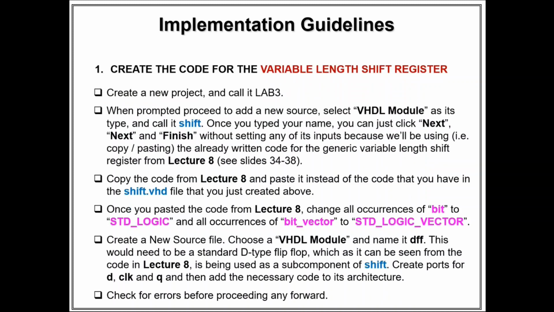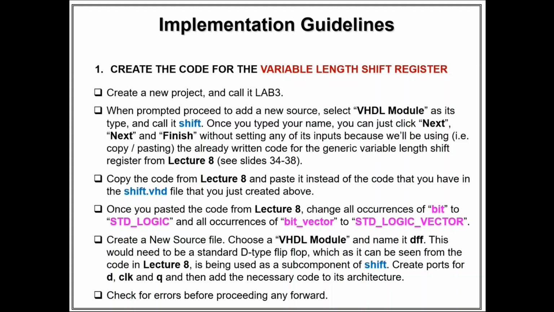So in terms of the implementation, first of all, we need to create the code for the variable length shift register. To do that, we are going to create a new project in VHDL. So you start the project navigator, create a new project, and you can call it lab 3.